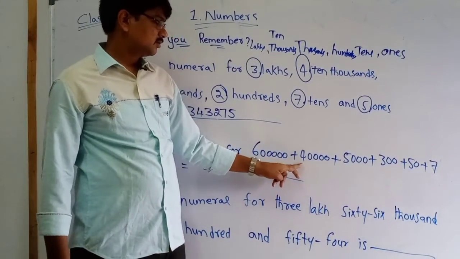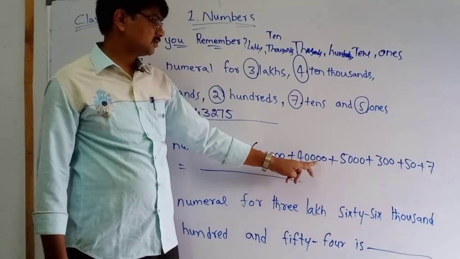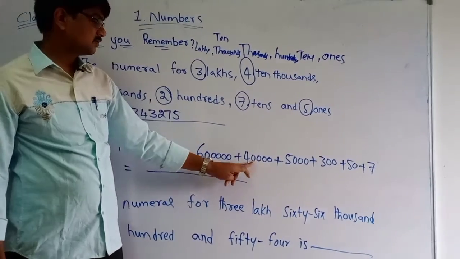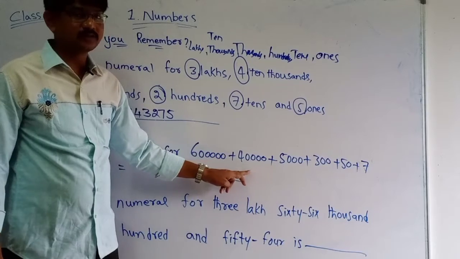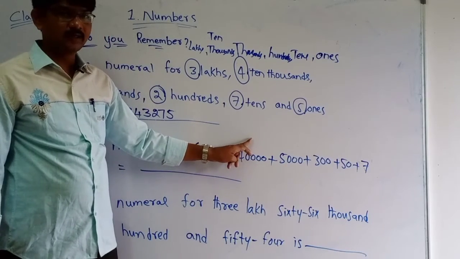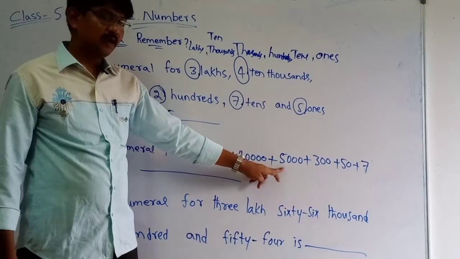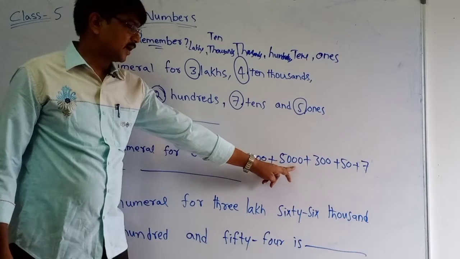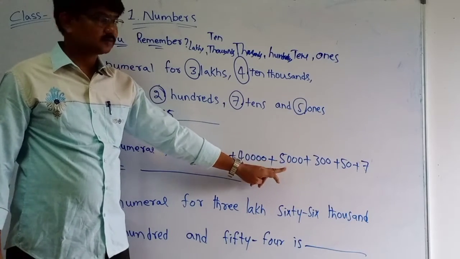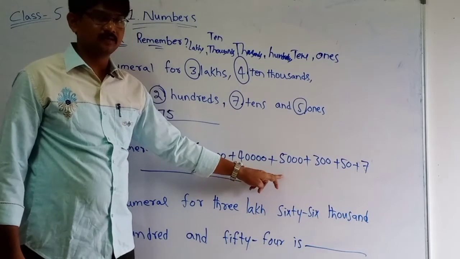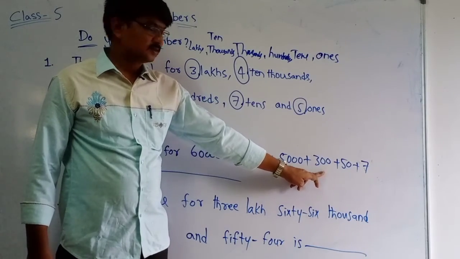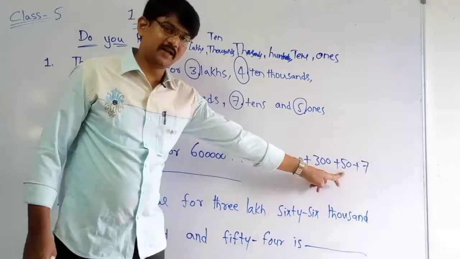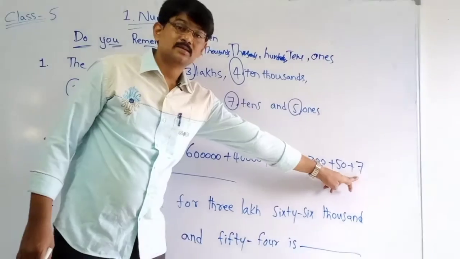Next, 40,000s. Here, 5,000. Here 300. Here 50. Next 7.